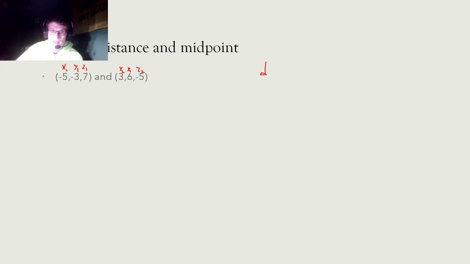We use the formula distance equals square root of x2 minus x1, the quantity squared, plus y2 minus y1, the quantity squared, plus z2 minus z1, the quantity squared. Okay? So the reason why we square it, remember, is that distance can't be a negative. So we square it and then take the square root in order to account for that scenario.